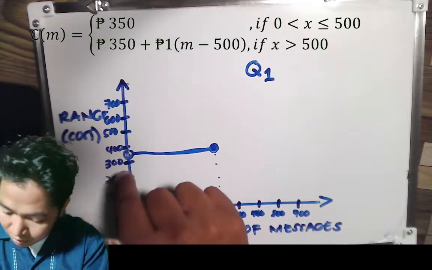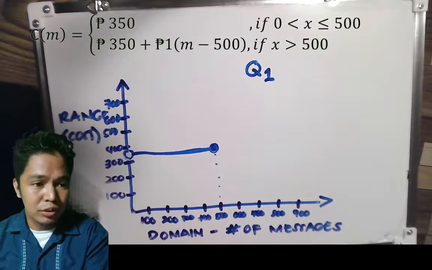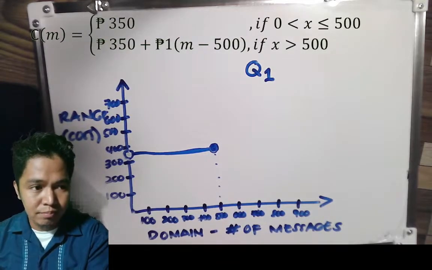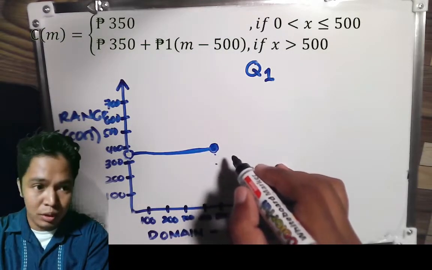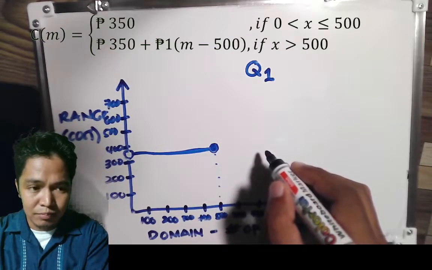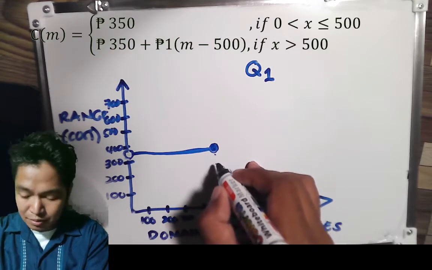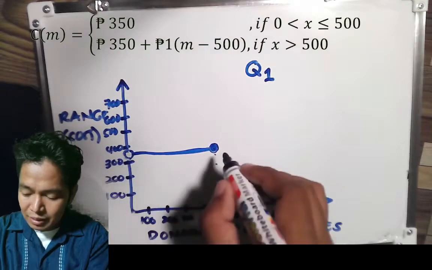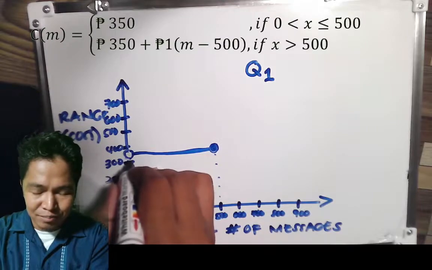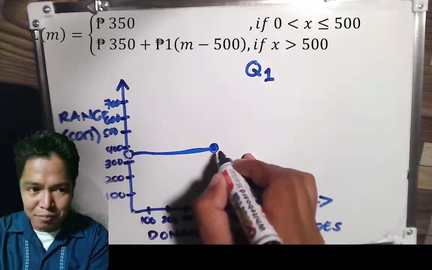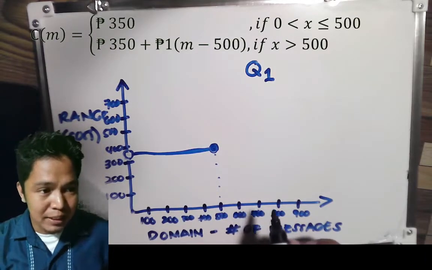Dot. Ito naman ay open. Yan yung representation natin for the cost of 350 pesos, where the value of text messages is greater than 0 but less than or equal to 500. Okay? Yun.